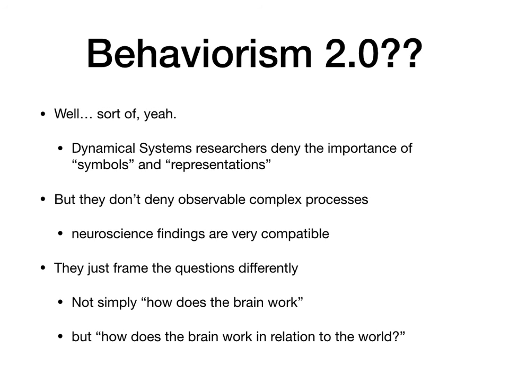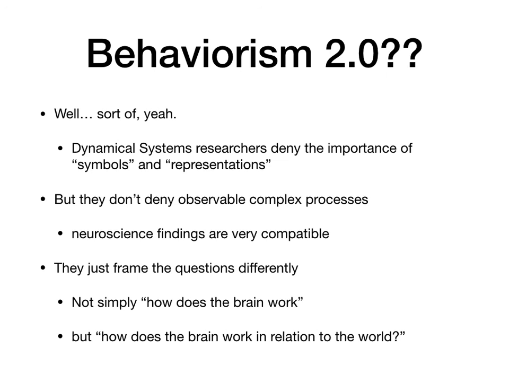So just like the behaviorists, they don't deny that there's complex processes in the brain. Obviously, neuroscience helps us to understand this stuff. And in fact, the way that a neural network behaves is itself a dynamical system that we can ask similar questions about.